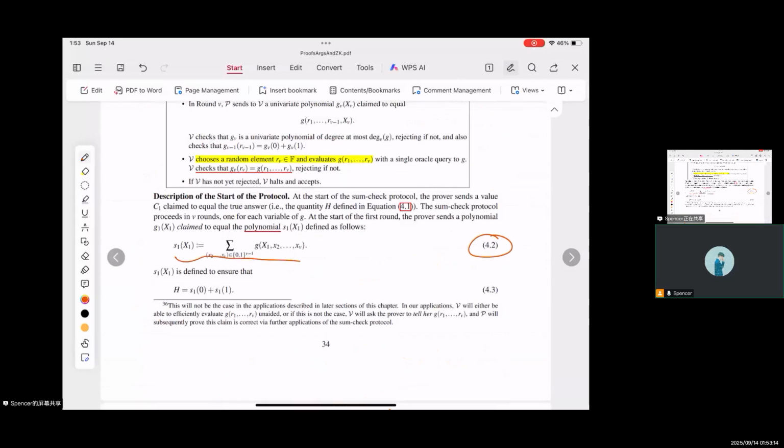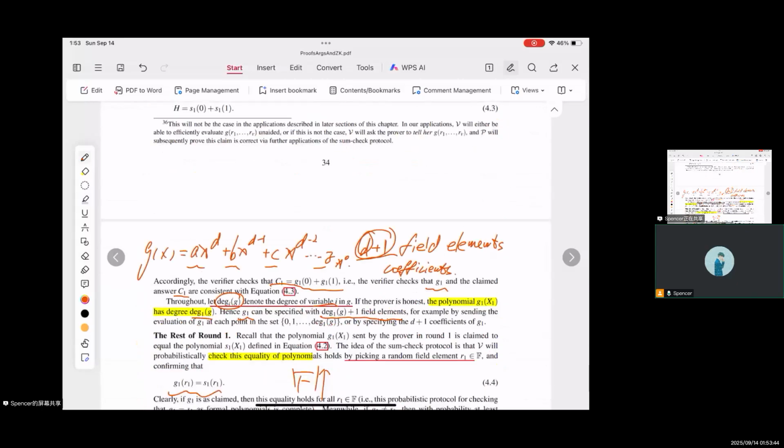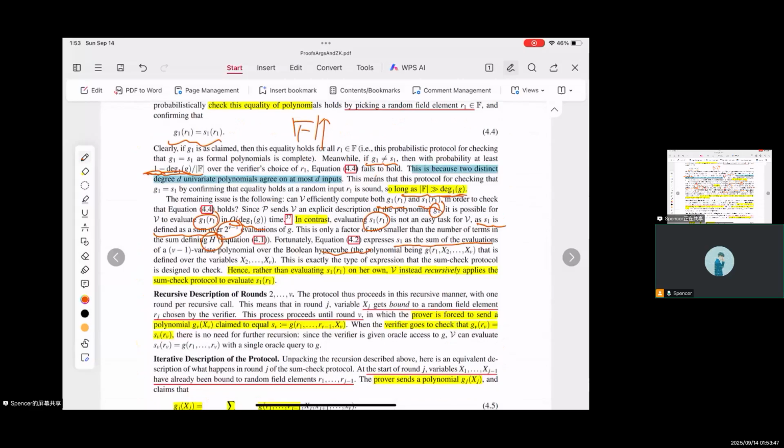So it looks like we can think of this as another sum-check problem. We will not use v, we can use the h function on x2 to xv. So it is another sum-check protocol, because we can just neglect this x1 at this time to calculate another sum-check polynomial. This is exactly the type of expression that the sum-check protocol is designed to check.